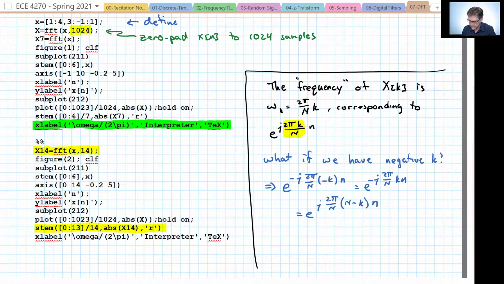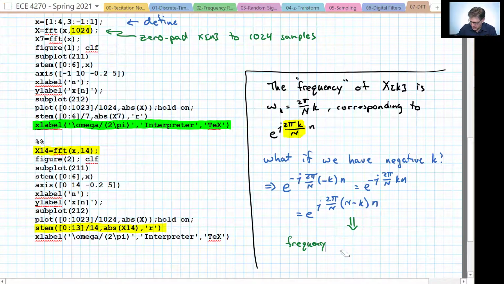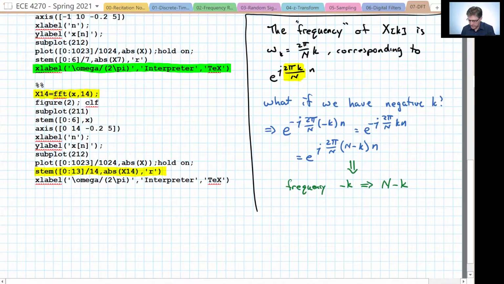And so that's not a problem. And now apparently we have a new frequency. So negative k, I'll say the frequency negative k corresponds exactly to the frequency N minus k. So negative frequencies show up in the larger DFT coefficients.